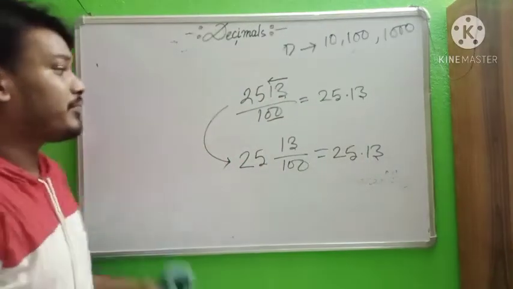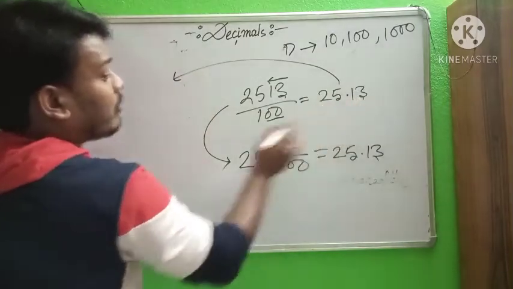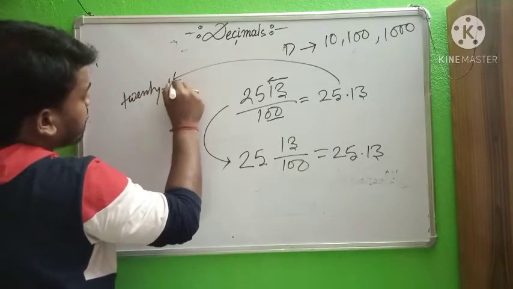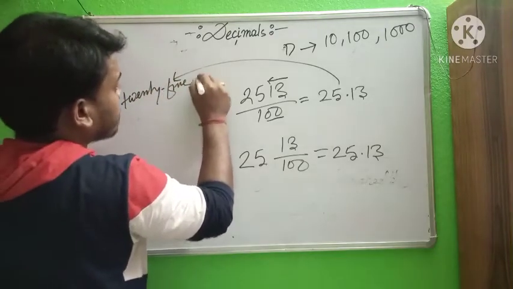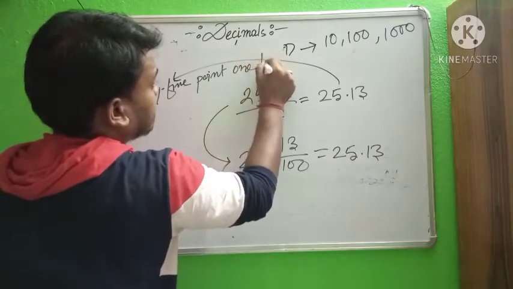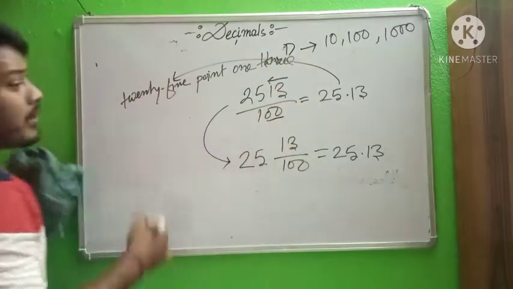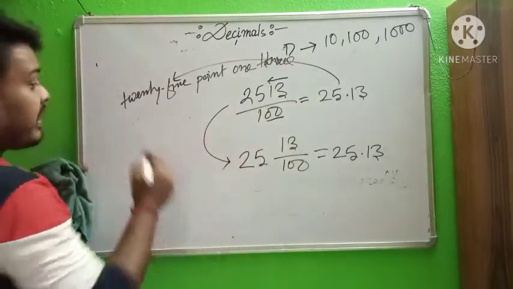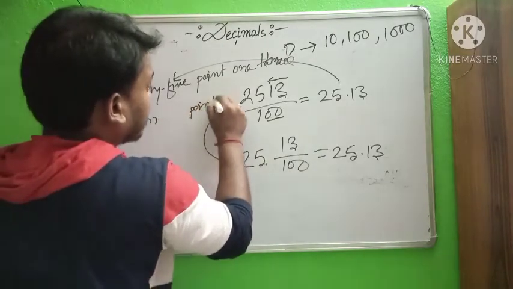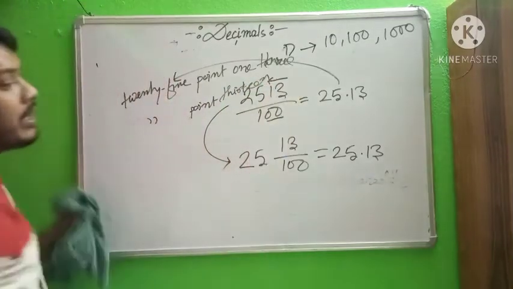So what is the value? 25 point 13. But we cannot say it in this way, twenty-five point thirteen.